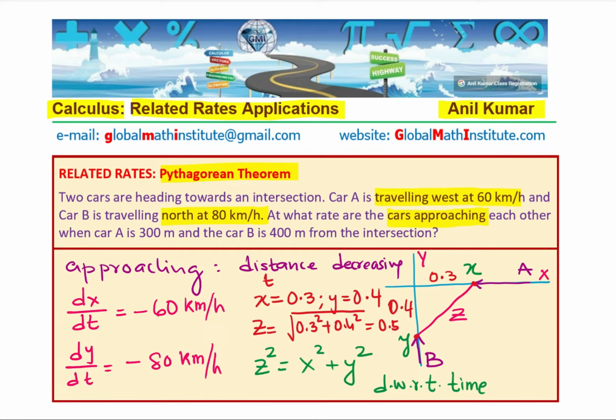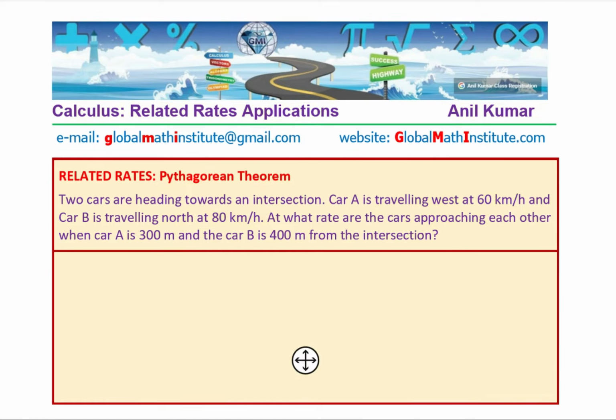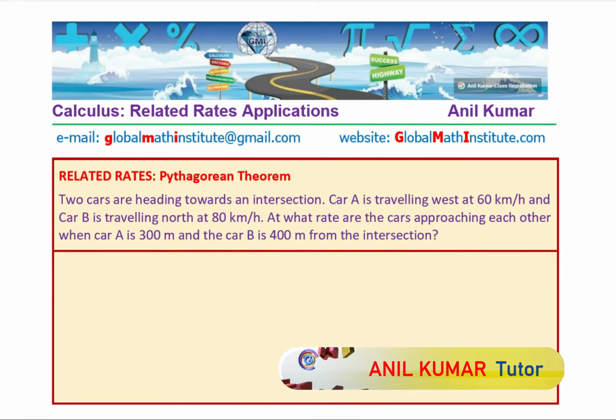So here is my solution. So what we have done here is that we have related all the parameters. After sketching, the separation between the cars is represented by z, right?